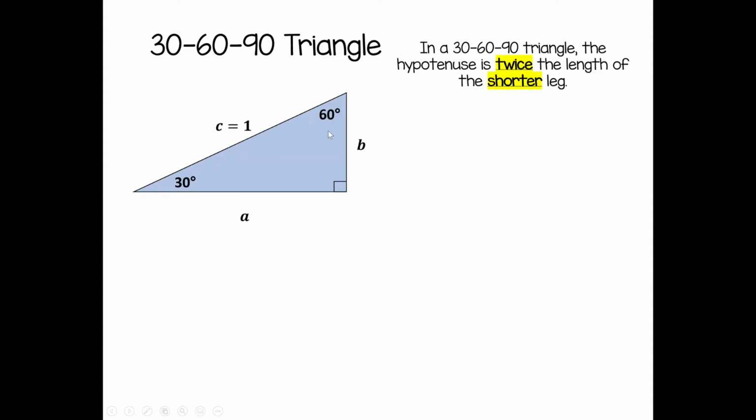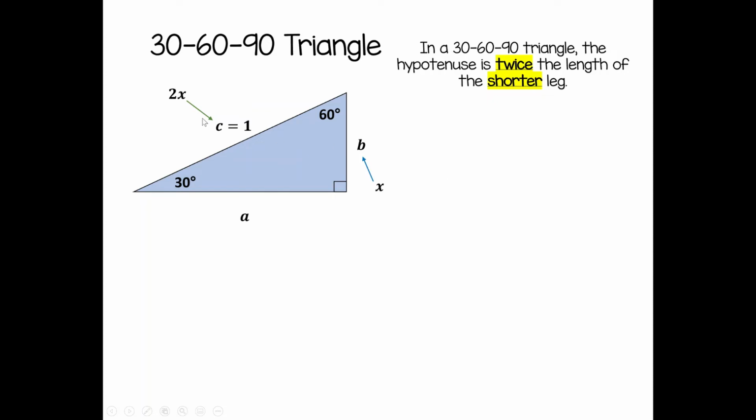That's right here, and it's next to the 60-degree angle. So if we call this x, then we'll call our hypotenuse 2x. I'm just giving it another variable. I should have called it b and 2b, but I said x and 2x.